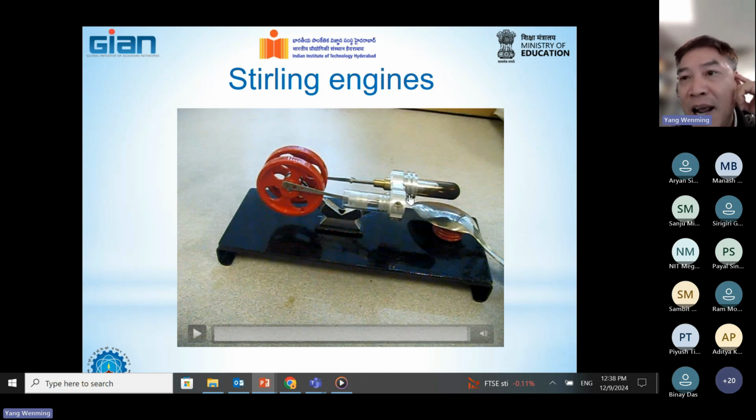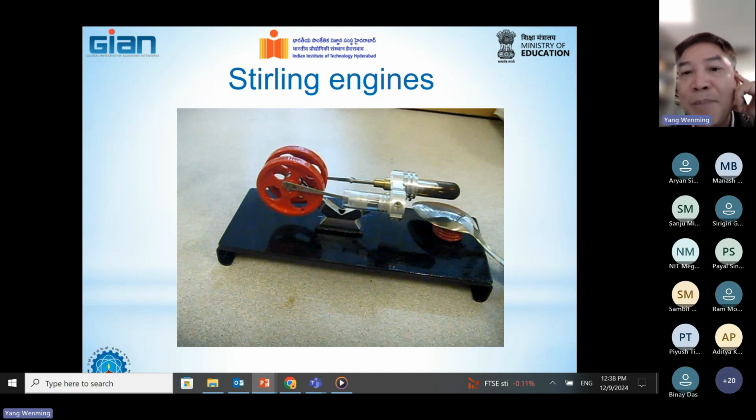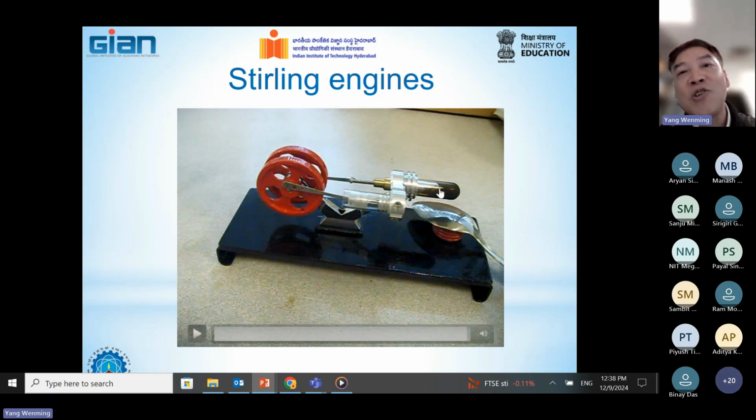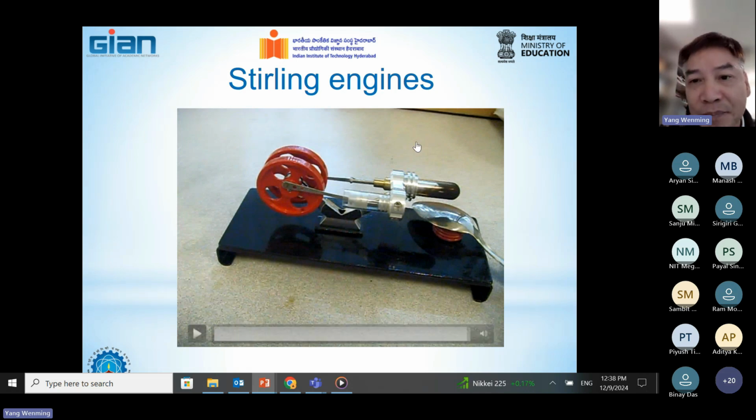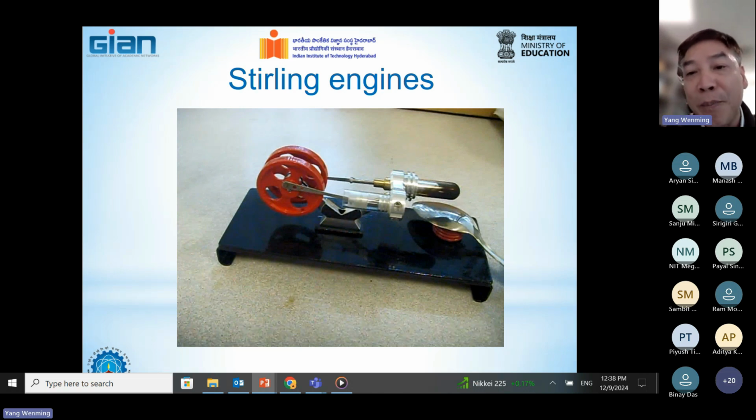Theoretically, Stirling engines have the highest efficiency. In theory, they can achieve the same efficiency as a Carnot cycle. However, in practice, the efficiency is much lower than that, because for this kind of engine, the power produced depends on the heat transfer between the burner and the working media inside this cylinder, correct?